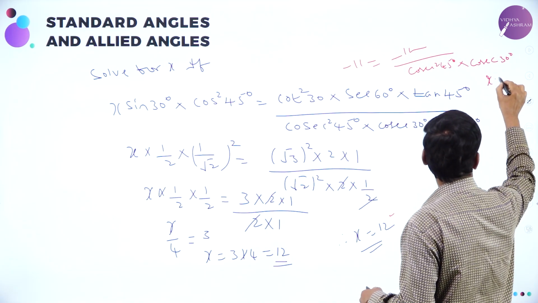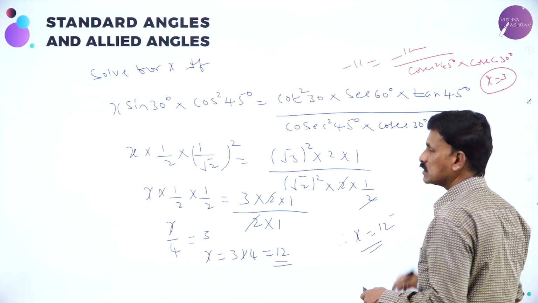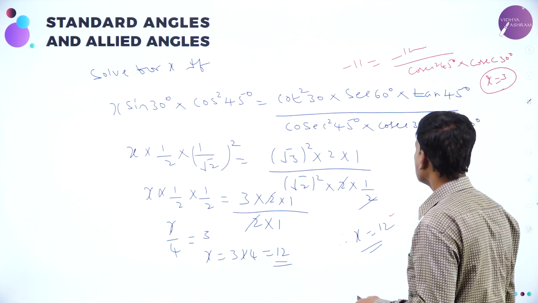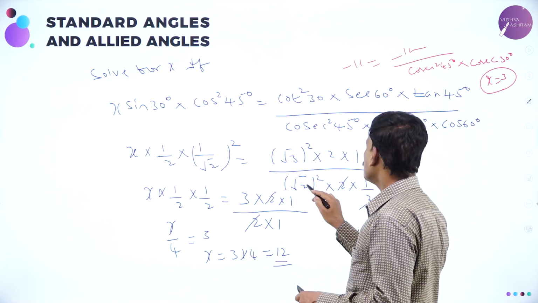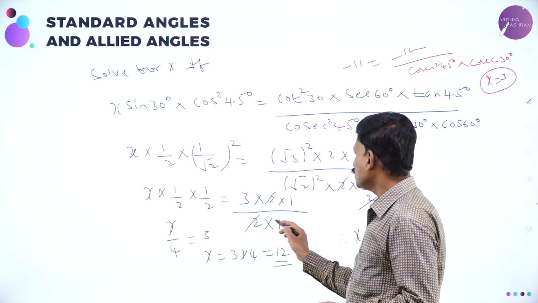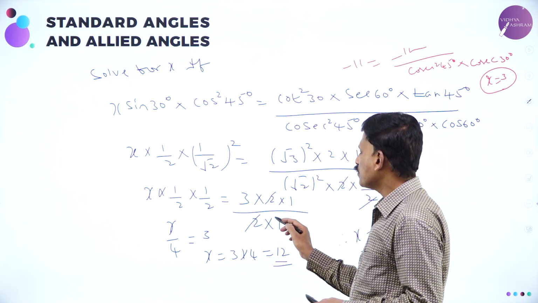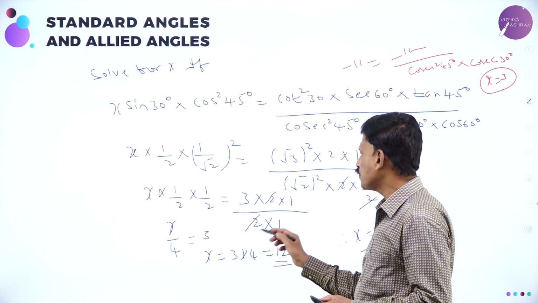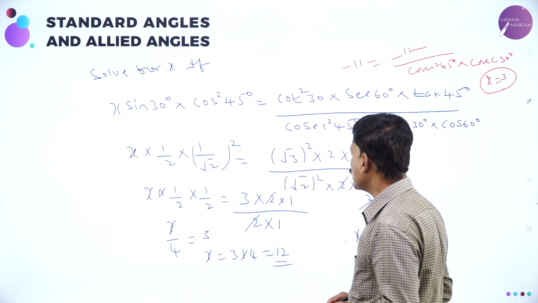For this, the value of x you are going to get is 3. The required answer is 3. So, here 2 into 2 is 4, so just 3 by 4. If you cross multiply, 4 and 4 get cancelled, and you will get 3 as the required answer.